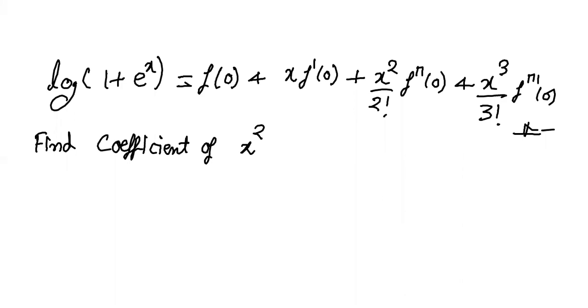Second time, yes, good. 1 by 8 it is. So we just have to find out: the 1 by 4 you have told is f double dash 0.